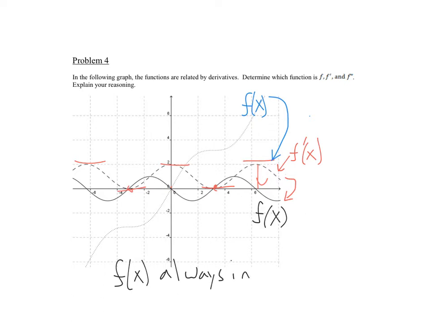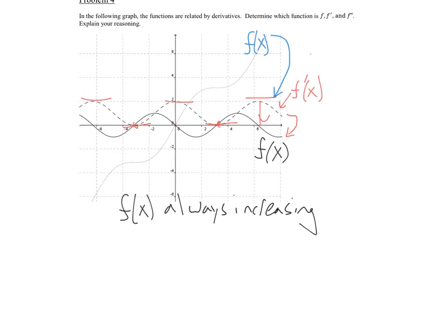Since it's always increasing, then we could say that f prime of x is all positive. And that's how we got that one.